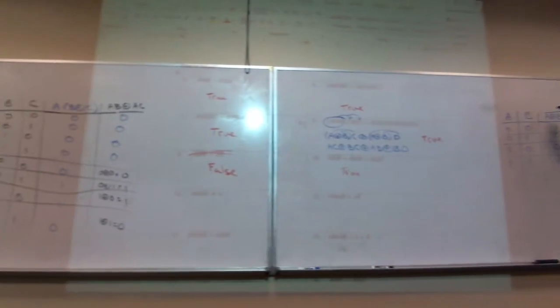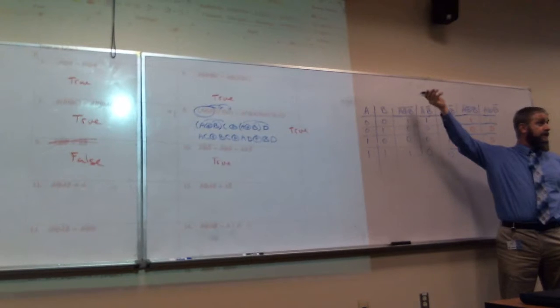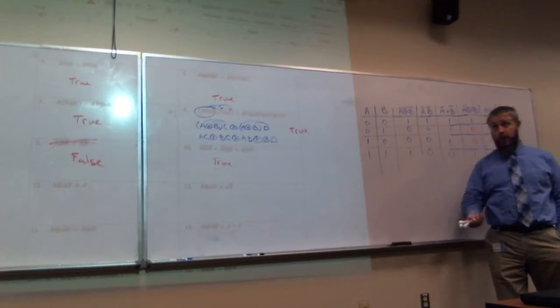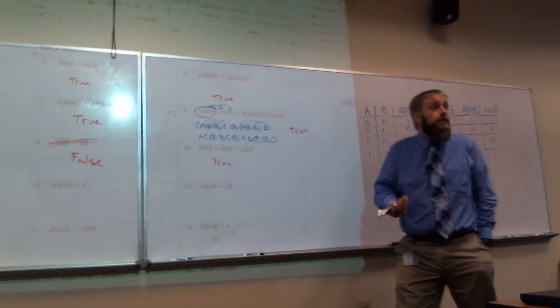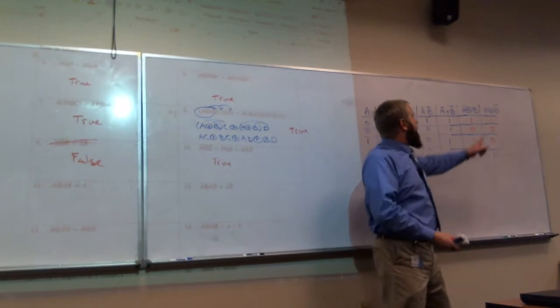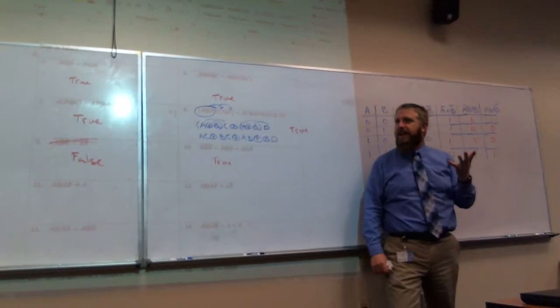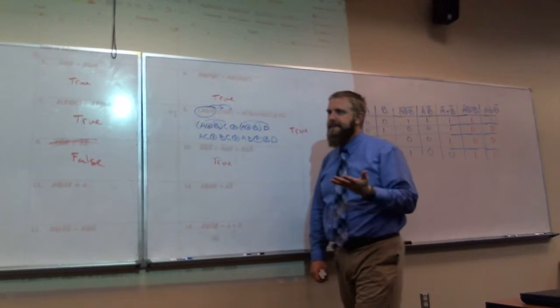Nots change 1s to 0s and 0s to 1s, right? So it just inverts the value. Why is inverting 1 the same as inverting the whole thing?